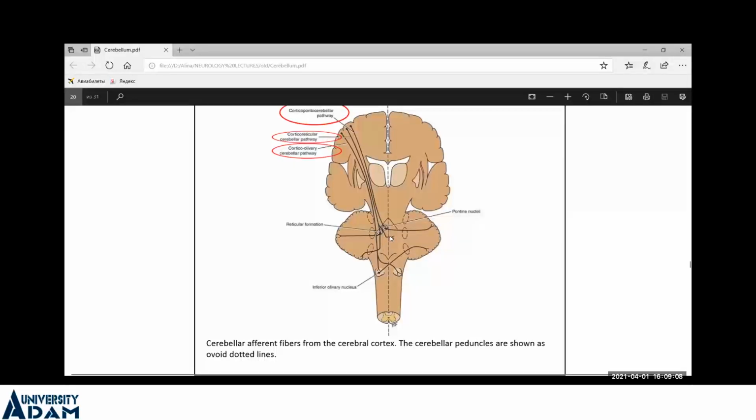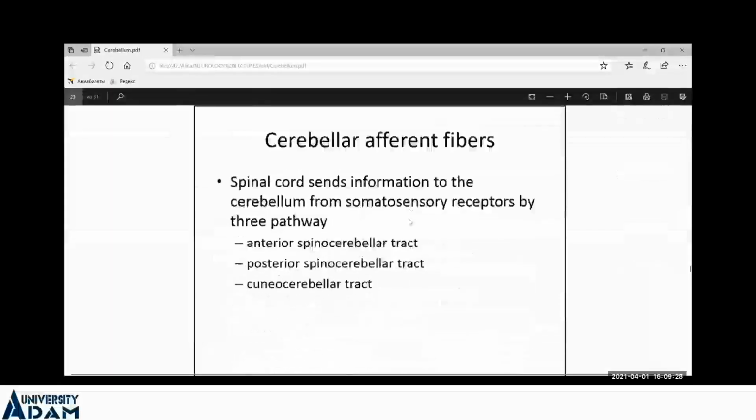And cells in the reticular formation give rise to the reticulocerebellar fibers that enter the cerebellar hemispheres on the same side through the inferior and middle cerebellar peduncles, okay? So this is a cerebellar efferent, okay?